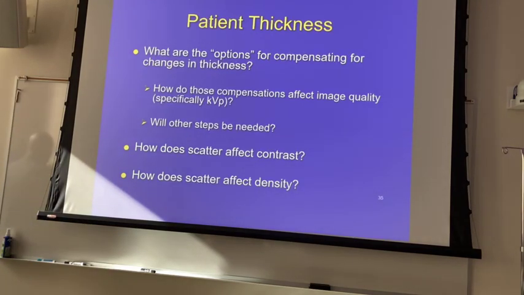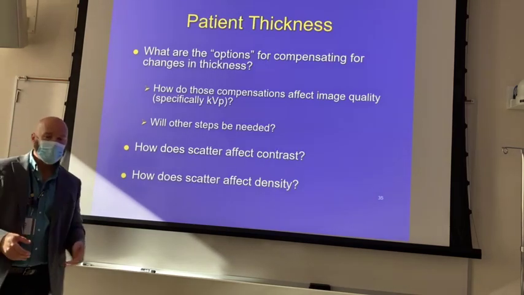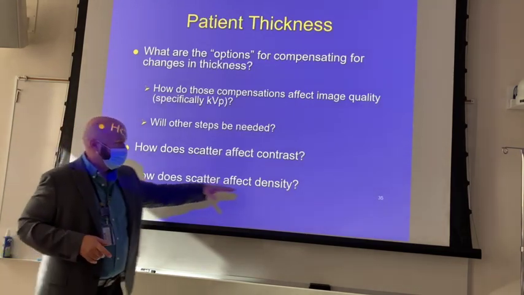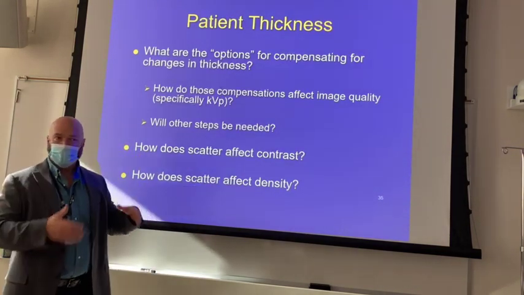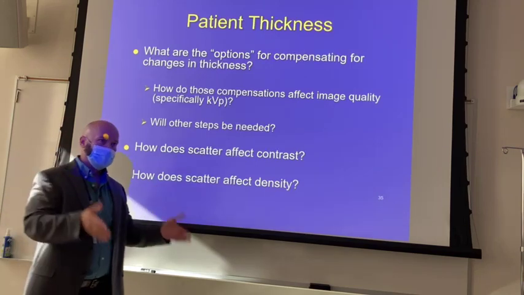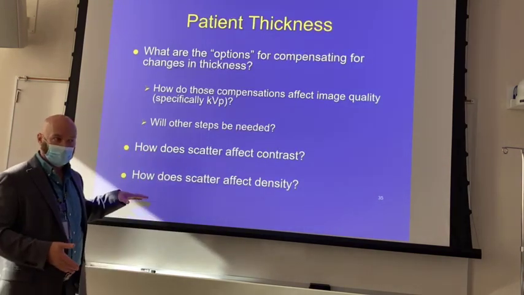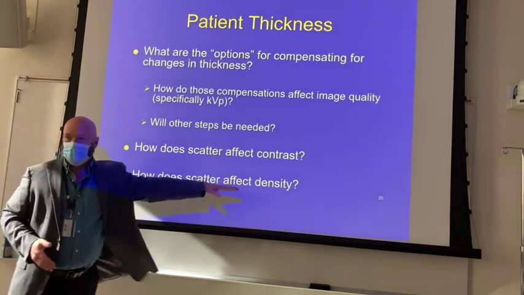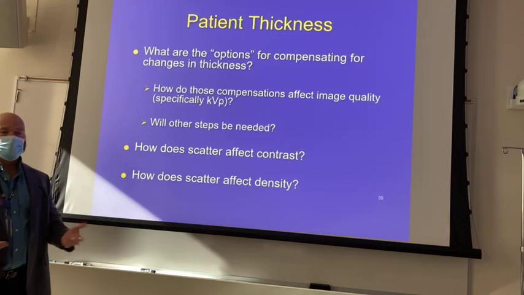Now what does a grid do? Yeah, it cleans up scatter. How does it do that? By absorbing scatter radiation. What's it made of? Lead, right? So if the scatter really didn't increase or decrease your exposure, providing you had a good exposure to begin with, your density was appropriate with the amount of scatter radiation you created, you remove that layer of density, what's the effect on your image?